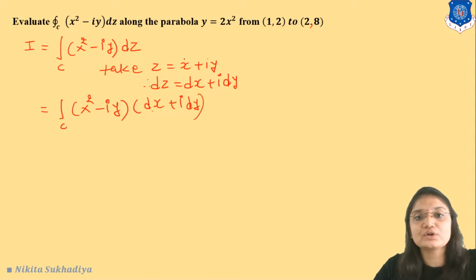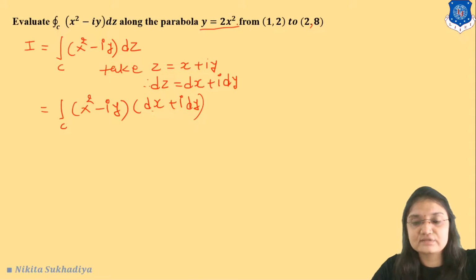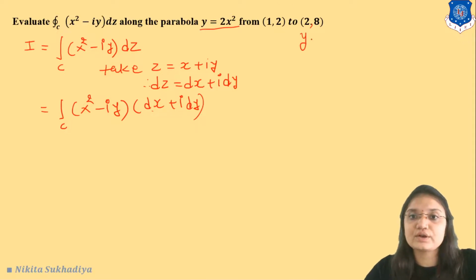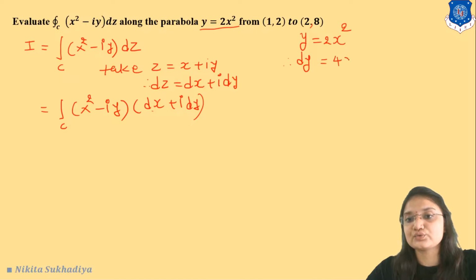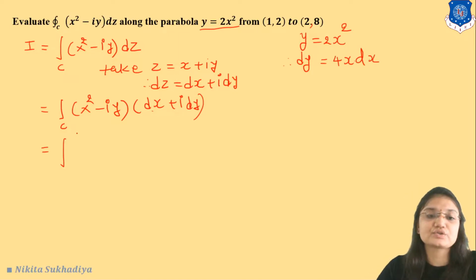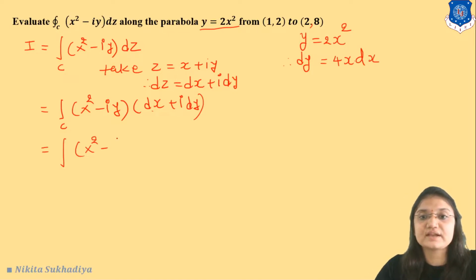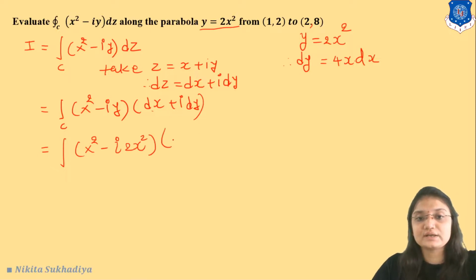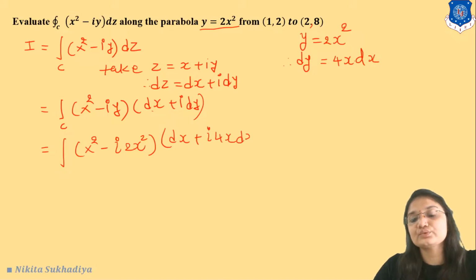Okay, so for that we can use y equal to 2x squared. So here you have been given y equal to 2x squared, so we can put y equal to 2x squared, and by taking the derivative, this will become dy equal to 4x dx. Here, in the integral over c of (x squared minus i y), take y equal to 2x squared, dx, and put dy equal to 4x dx.